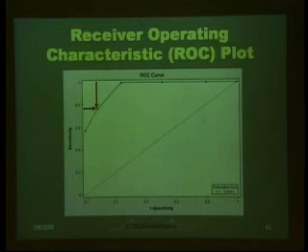What it means is, for the better ones, I would like the sensitivity to be as high as possible, the higher the better. For the specificity, I also would like it to be higher, the greater the better. Here the axis is plotted by 1 minus specificity, so the smaller the better. So for the x-axis, I would like to pick near 0, and for the y-axis, I would like to increase to 1.